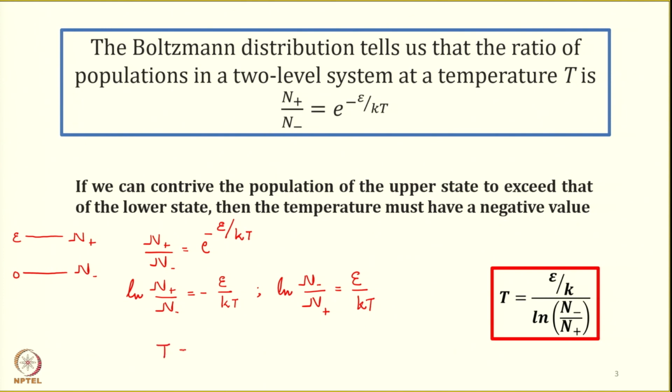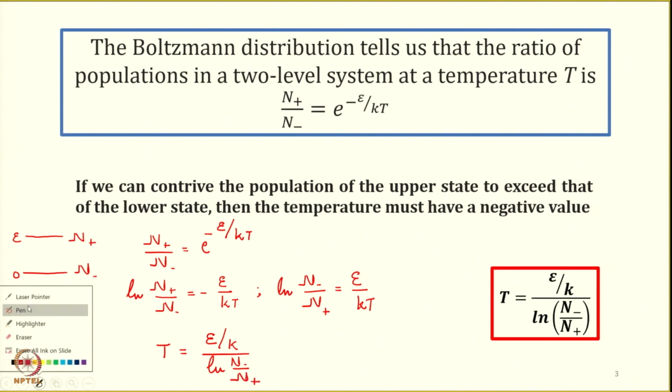Now temperature from this is E upon k divided by log of N minus over N plus. So we have got an expression for temperature, which is equal to E by k divided by log of N minus divided by N plus.